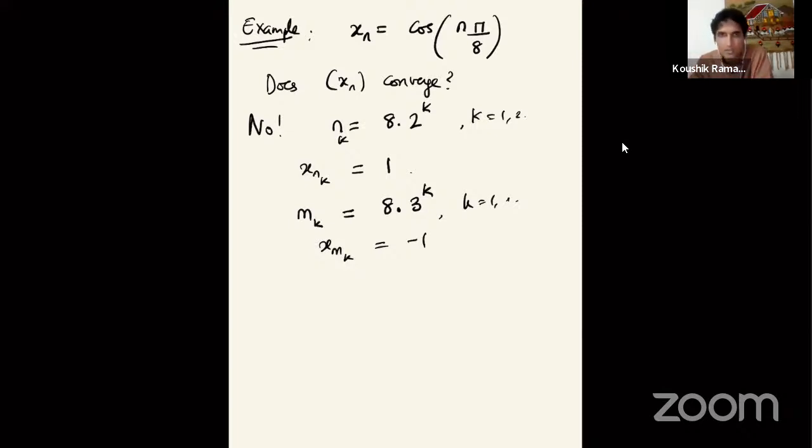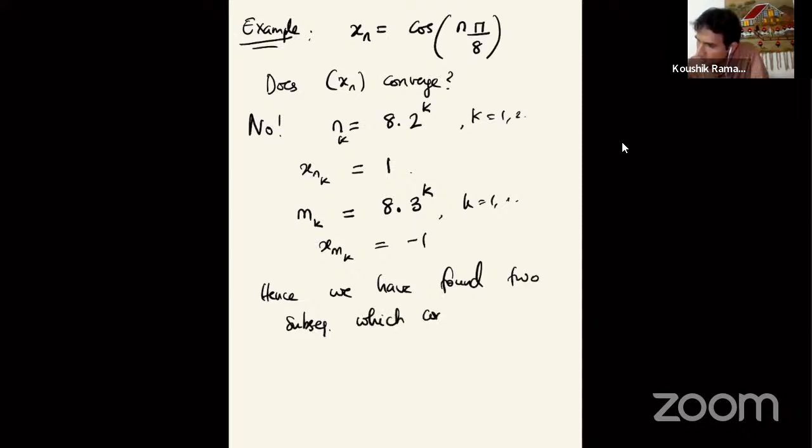Is it okay? This is one of the frequently common cases. One proves that the sequence does not converge. Hence we have found 2 subsequences which converge to 2 different limits.